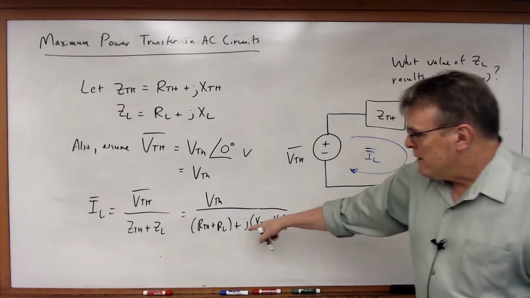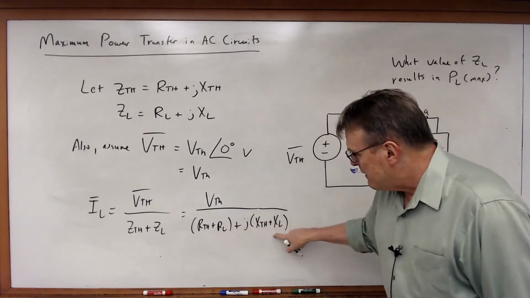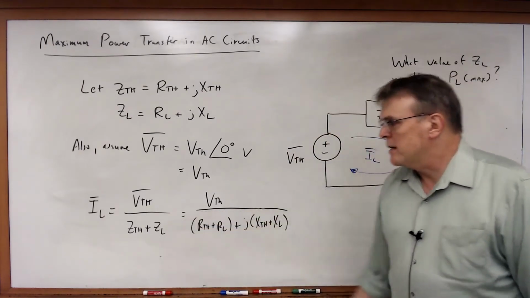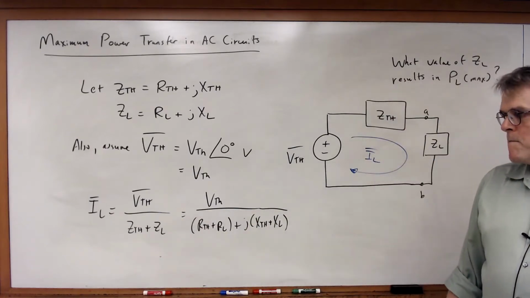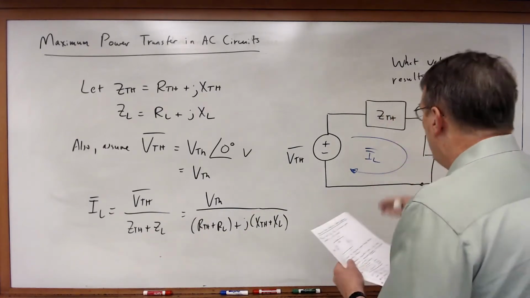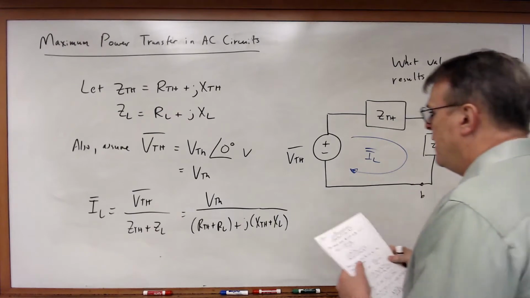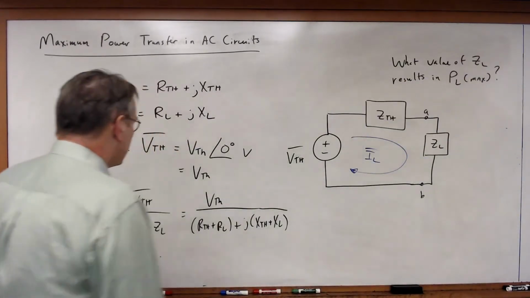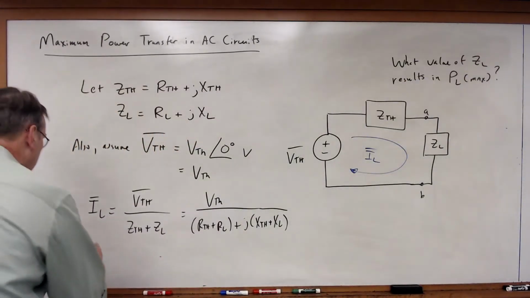And so all I have here is I've grouped together the real terms and the imaginary terms when I added together those two impedances. Okay? So given this, I can now take the magnitude of this.